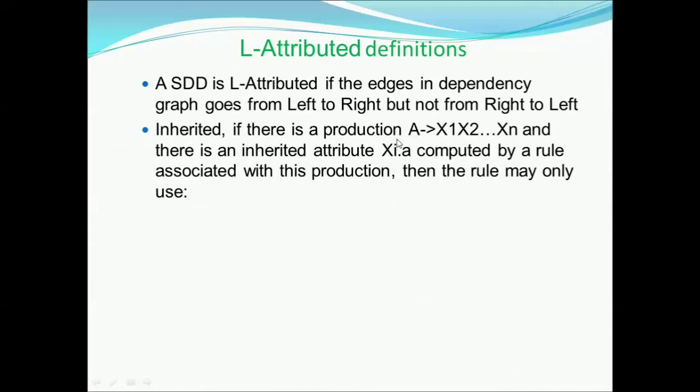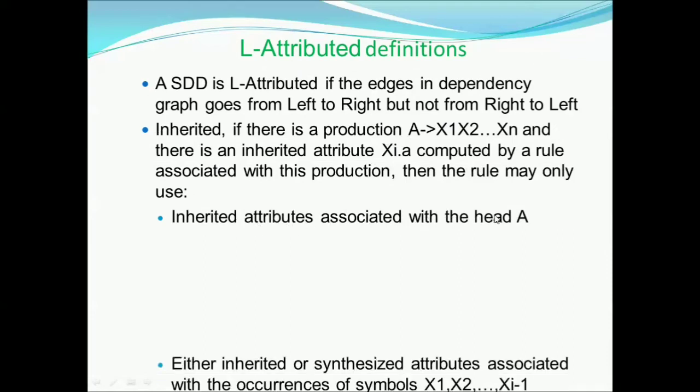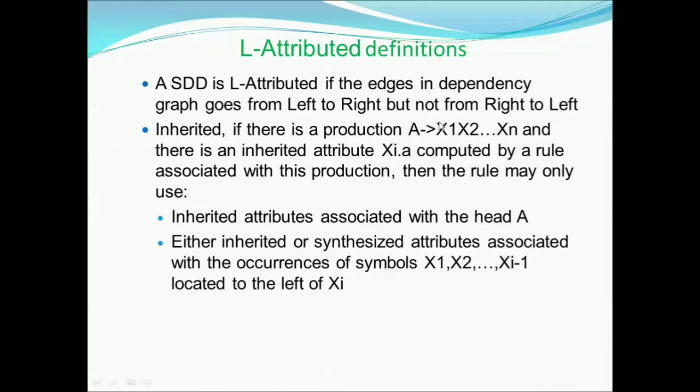Then you are supposed to write a rule to get its inherited value. The rule may use the inherited attribute associated with the head A. It means that Xi.a is getting its value from its head, I mean to say, from the parent.